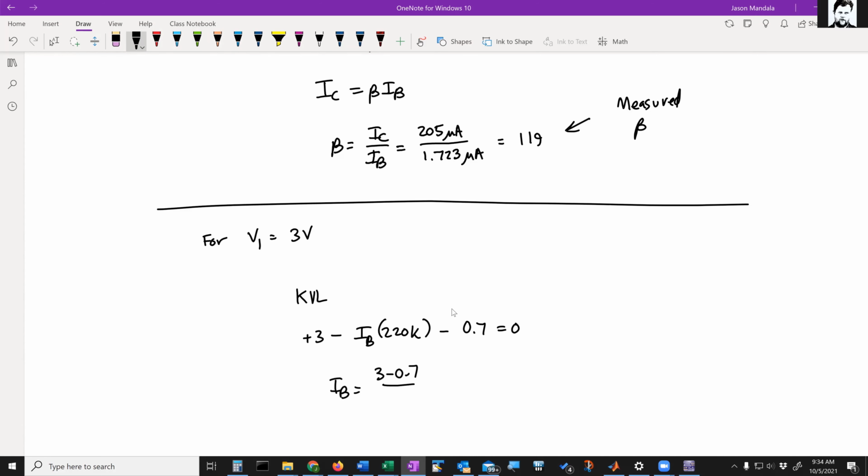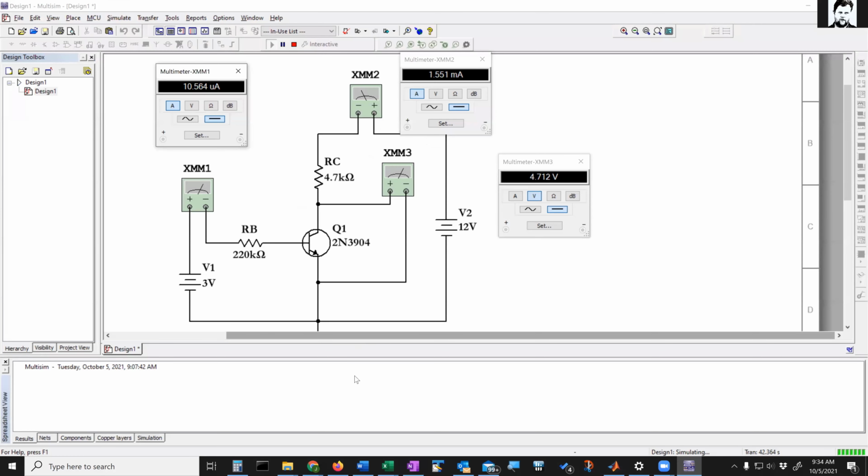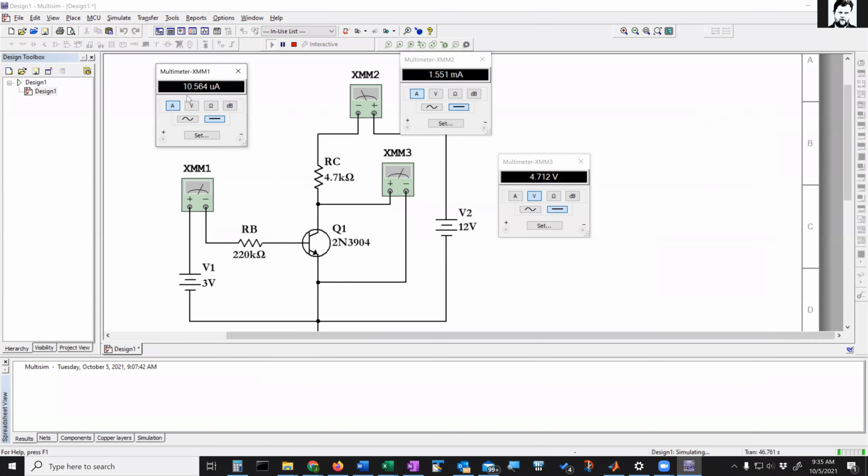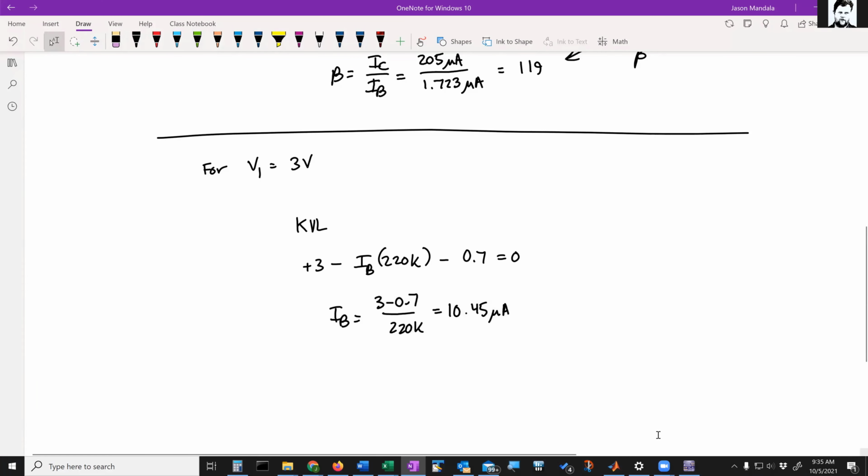So 3 minus 0.7 over 220K, 2.3 over 220K, gives 10.45 microamps. You can see we're getting something very close to that. Okay, so that came out pretty good.